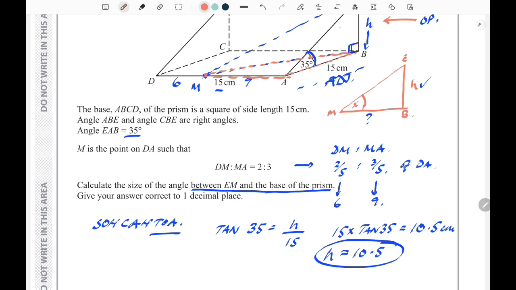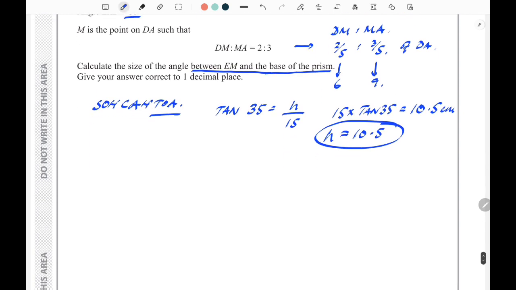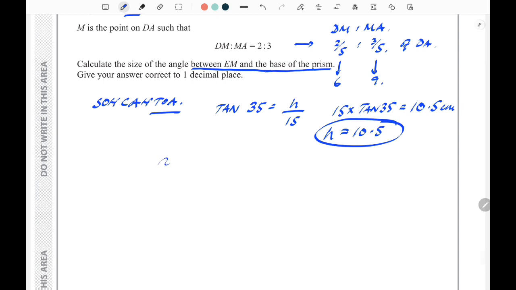Remember, the base of the triangle is a square. So the angle at that corner is a right angle, all right? And therefore, we can use Pythagoras. I'm sorry the diagram's messy, but there's no way around it, I'm afraid. Okay, so the second step, MB squared equals MA squared plus AB squared, all right? We already worked out right at the beginning that MA is 9 and AB we know is 15.